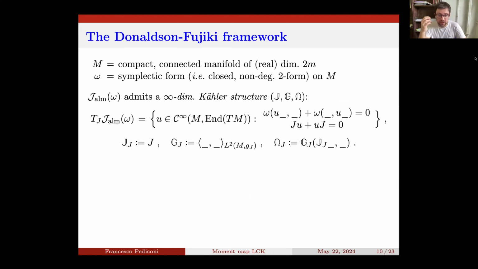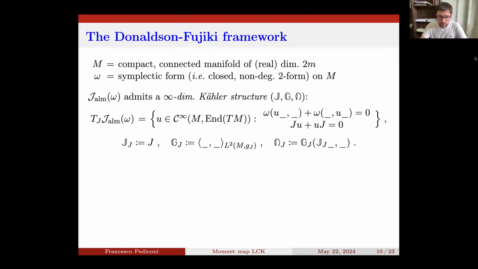First of all, you can describe the tangent space of this infinite dimensional manifold at a distinguished point J, where by a point J I mean an almost complex structure which is compatible with omega, in this way: the tangent vectors are going to be the endomorphisms of the tangent bundle of M that verify some properties. In particular, we require them to be skew symmetric with respect to omega and to anticommute with J.